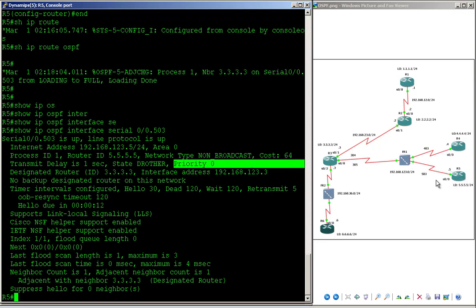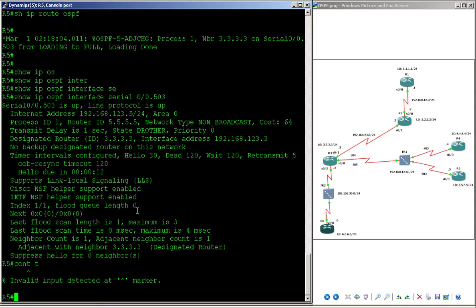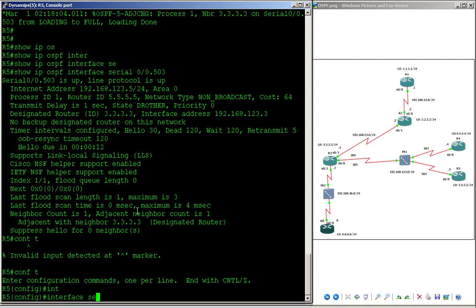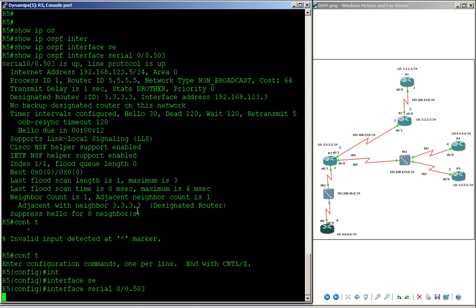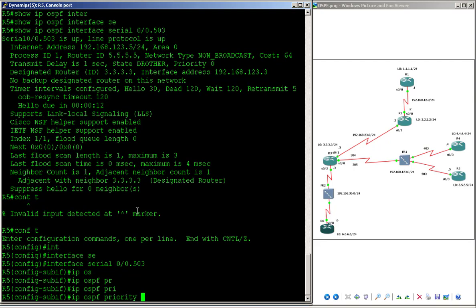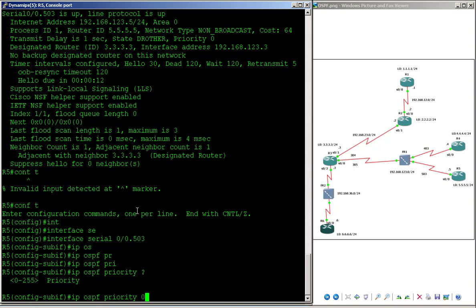I did it when I was practicing this lab, but I will show you how. You go to configure terminal, interface serial 0/0.503, and here you say ip ospf priority, question mark, and here you put 0.